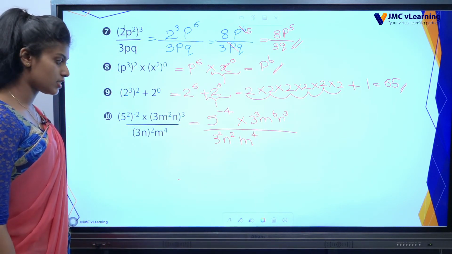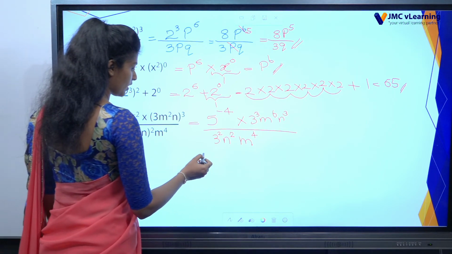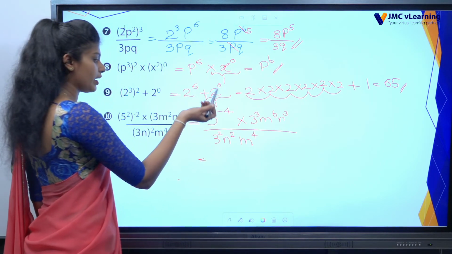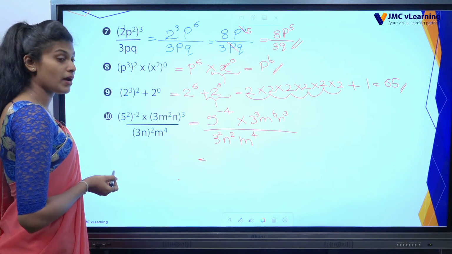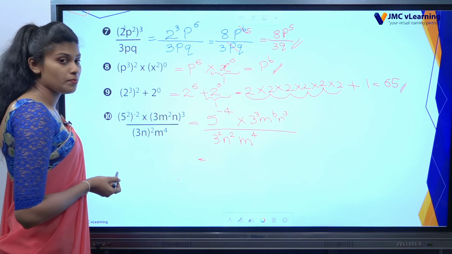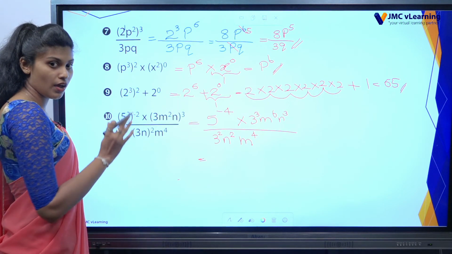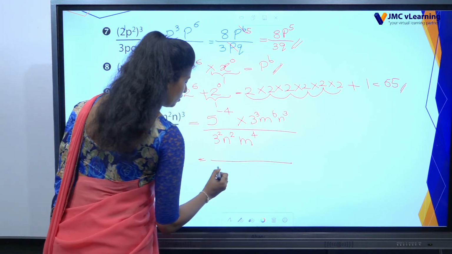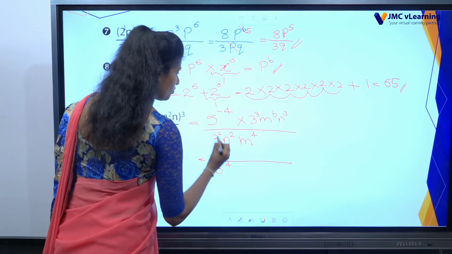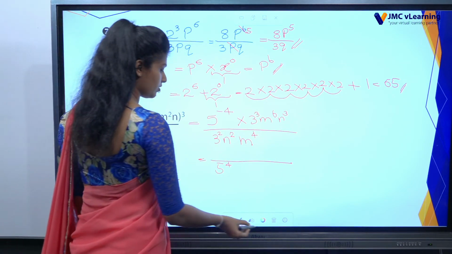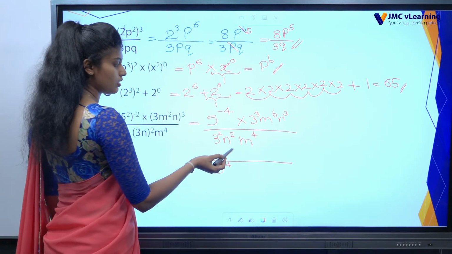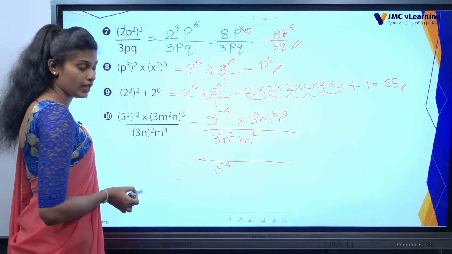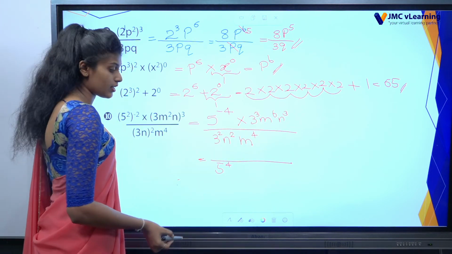Let's simplify this part. Then 5 to the power minus 4. You can't simplify by keeping minus, have to turn into plus, so take into the below, 5 to the power 4. Then can you see there are 2 n's and here 3 n's.